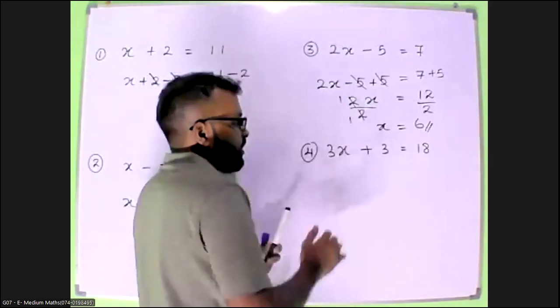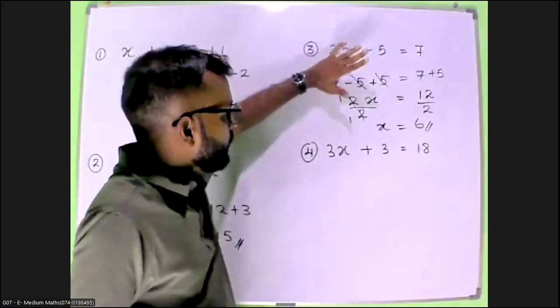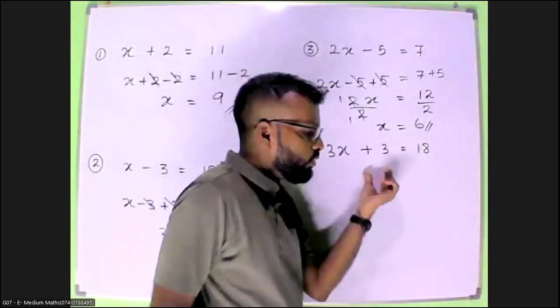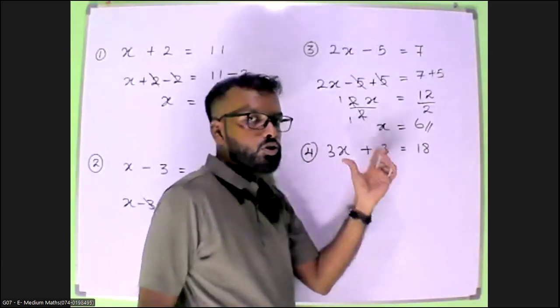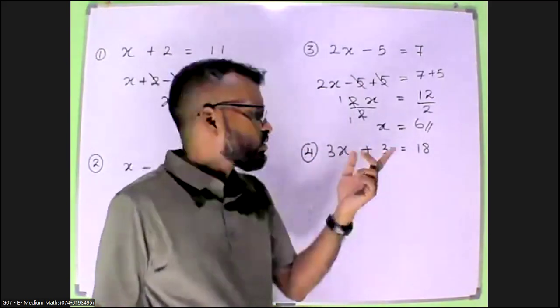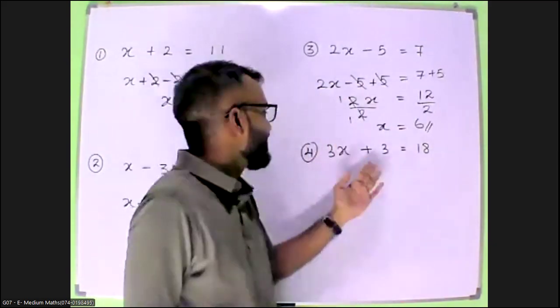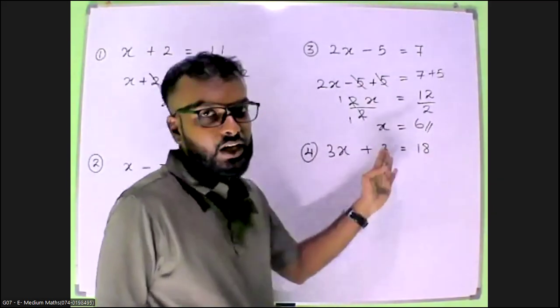Now, this one. Same as the previous, same as the third part. So, here you have positive 3. And what you are going to do? What is the negative? Sorry, 3. What is the opposite thing of positive? Opposite thing of positive is negative.